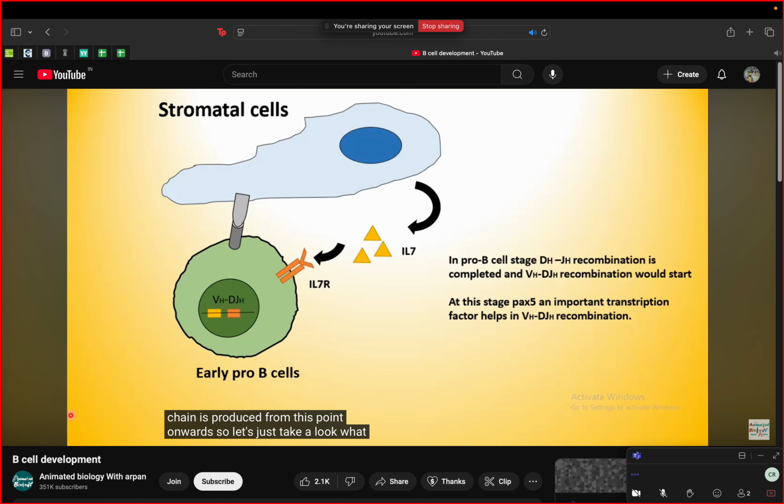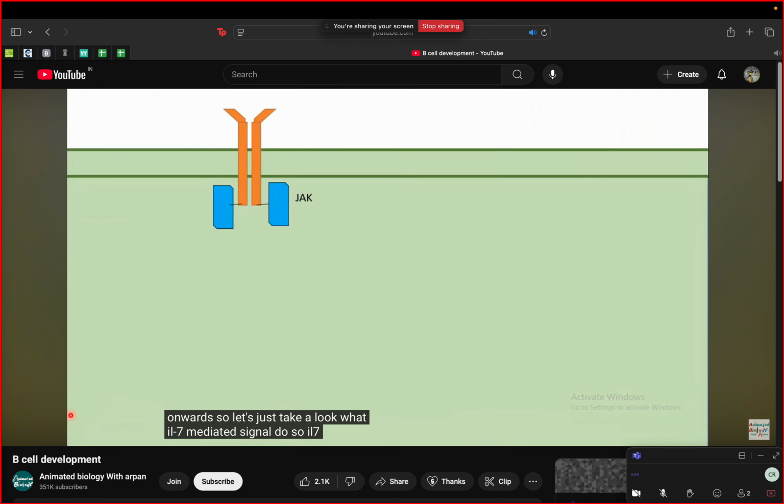So let's just take a look at what IL-7 mediated signal does. IL-7 binds to its specific IL-7 receptor on the early pro B cell stage. Now it binds to the IL-7 receptor, which is a tyrosine kinase based receptor.